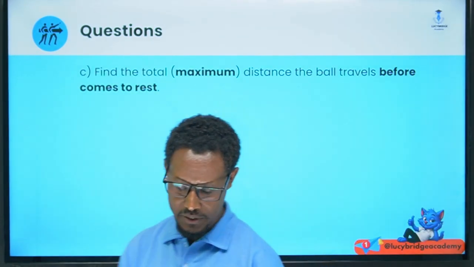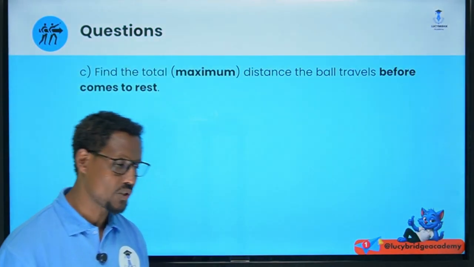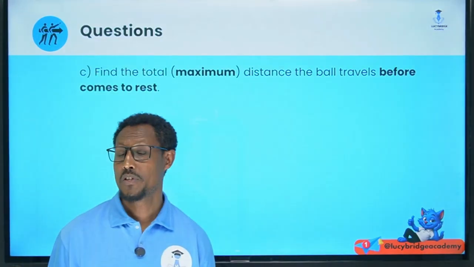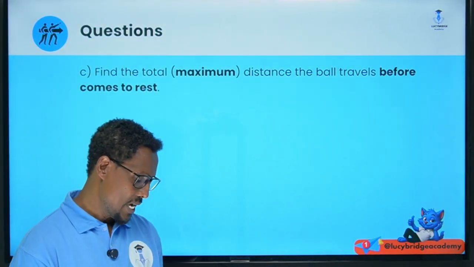Find the total maximum distance the ball travels before it comes to rest. This is the infinite series, which means S infinity.